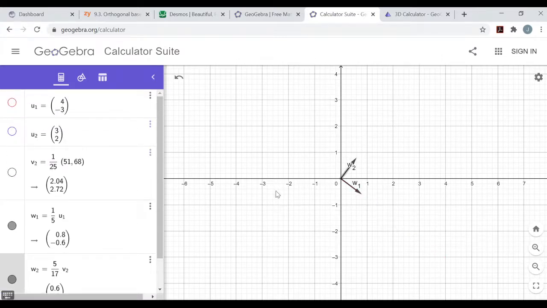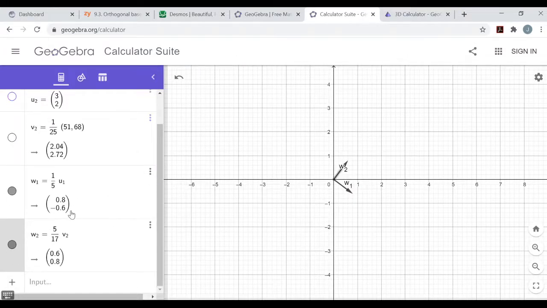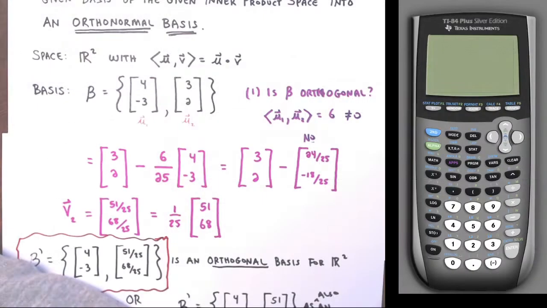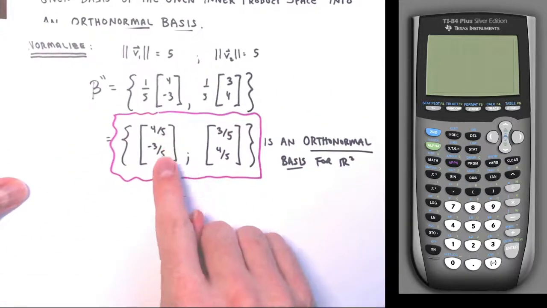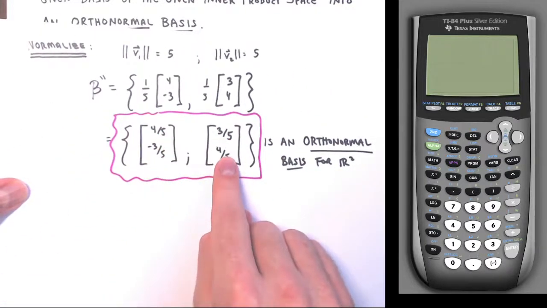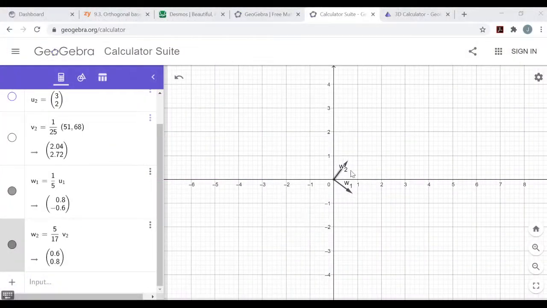And there, W1 equals, look at this, 0.8, -0.6, that's 4/5, -3/5. W2, 0.6, 0.8, that's 3/5, 4/5, exactly the same two vectors I got earlier after normalizing. And you see this is an orthonormal basis, right?